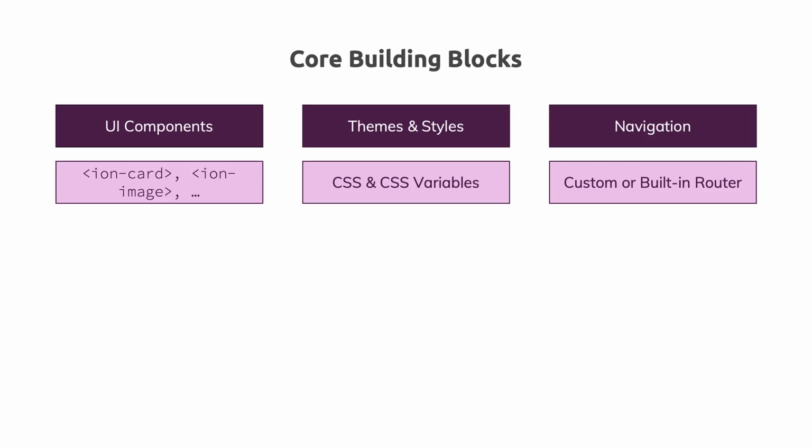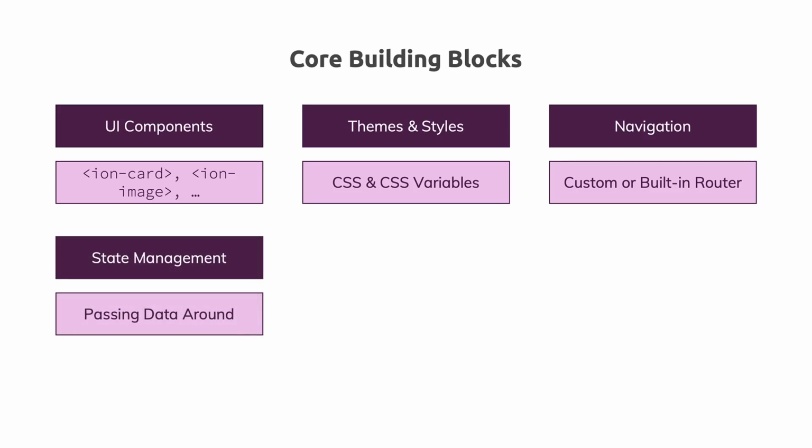Now, when we're building a bigger application, there will also be the point of time where we need to take care about state management. And actually, state management plays an important role even in tiny apps, but there it's very simple. But the more complex your app gets, the harder state management becomes. And state management, just in case you're not sure what this means, really refers to the management of data and of information in your running app.